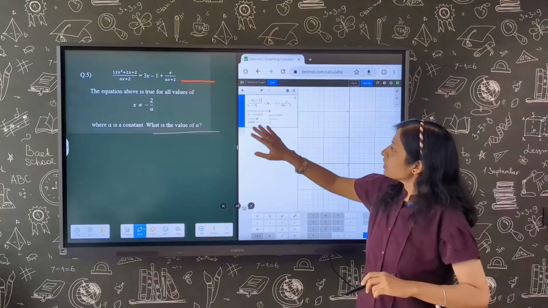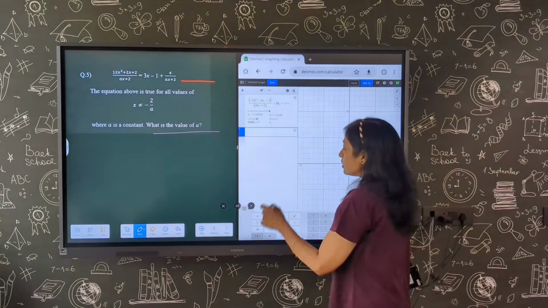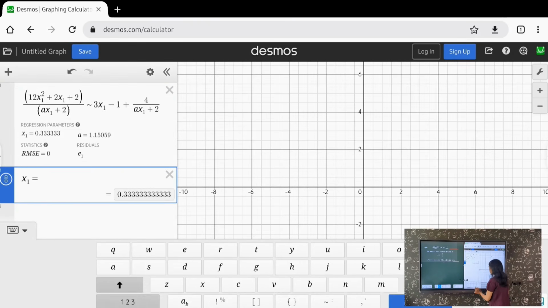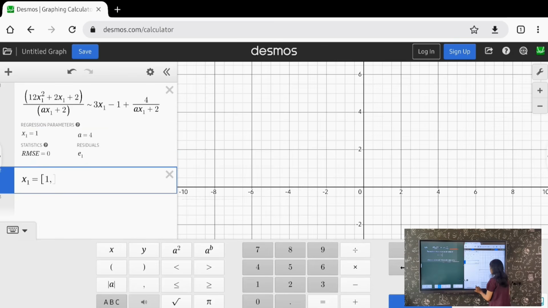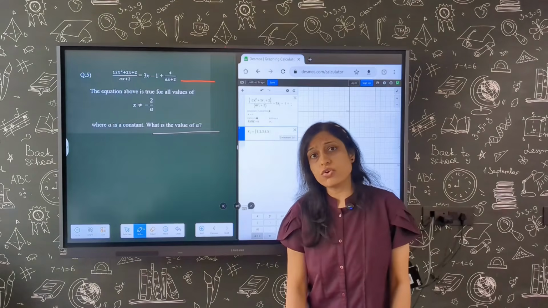And we are getting x1 as 0.33 again. But remember, define x1 whenever you are using tilde. So x1 with the use of the big bracket, assign values 1, 2, 3, 4, 5. And now we are getting the value of a as 4.